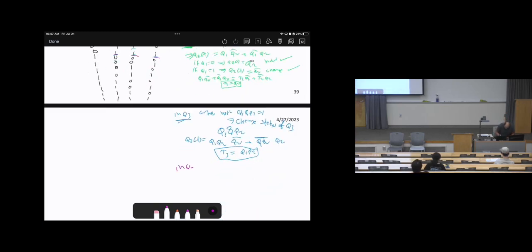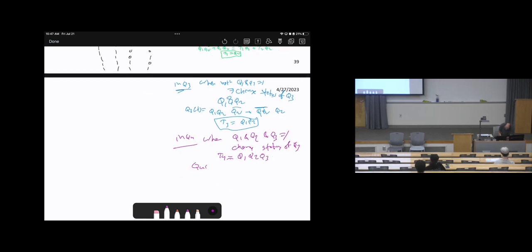In Q4, when Q1, Q2, and Q3 equal 1, it will change status. This is a very similar way. We can say T4 will be Q1 Q2 Q3. So Q4 of T will be Q1 Q2 Q3 times Q4 bar plus Q1 Q2 Q3 bar times Q4.